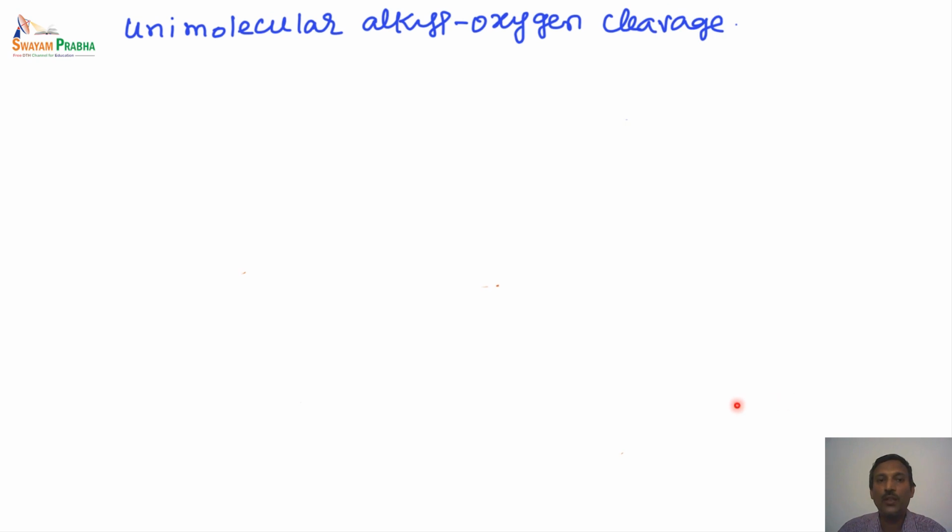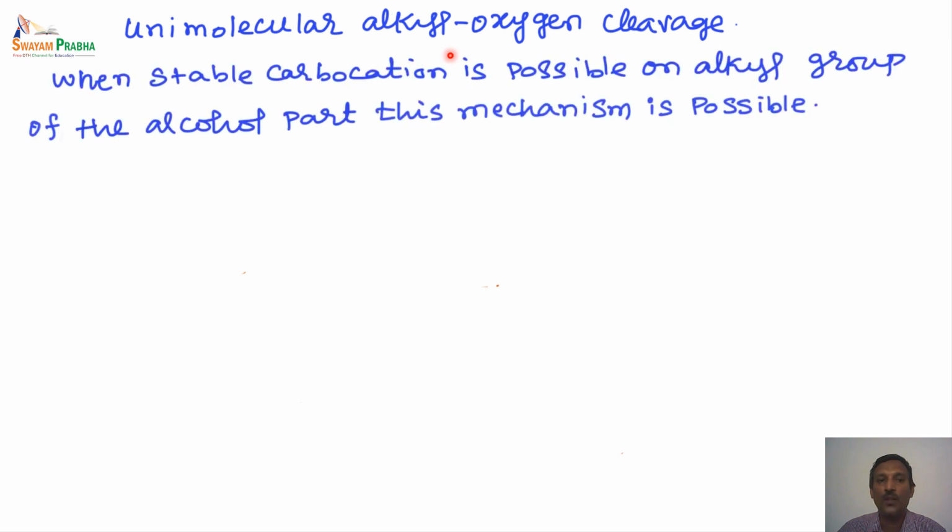So the next one is unimolecular alkyl oxygen cleavage. So far what we have studied is the bimolecular acyl oxygen cleavage. But if it is a unimolecular reaction, basically the alkyl oxygen bond cleavage is possible. Let us see how the mechanism actually works. In the case of alkyl oxygen cleavage, the requirement is that we need a stable carbocation.